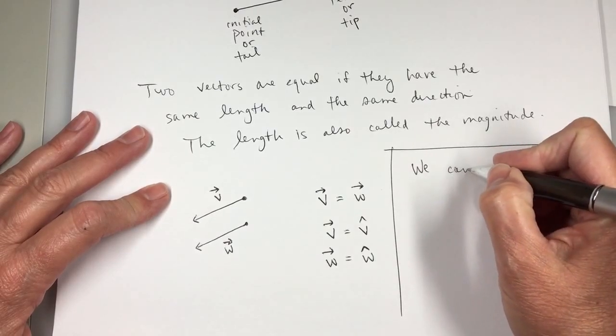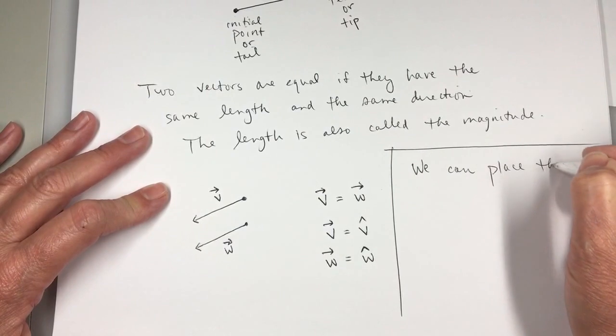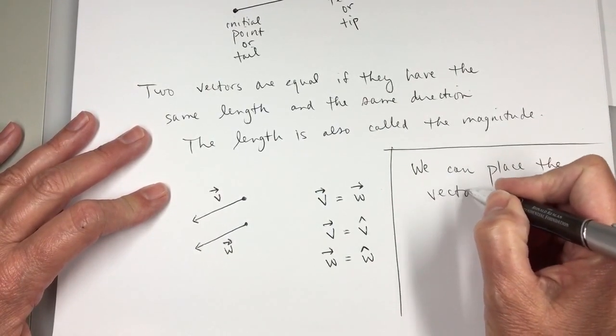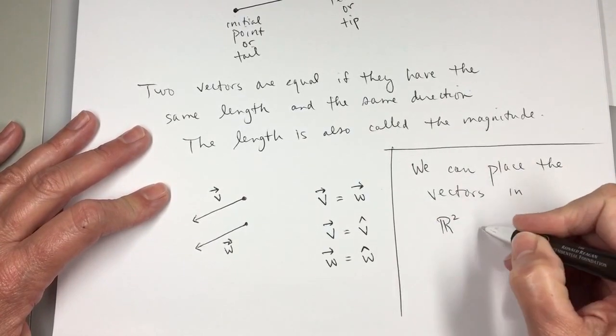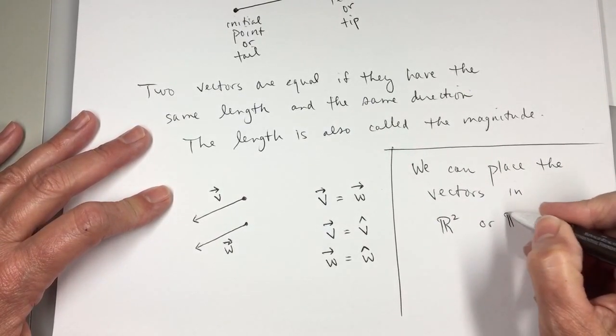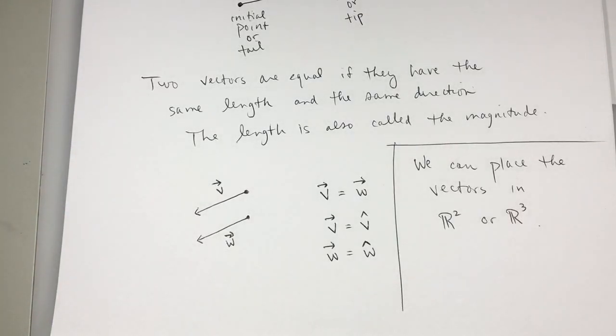We can place the vectors in R2 or R3. Now if you're in R2, it's a two-dimensional vector. If you're in R3, it's a three-dimensional. I don't know if a vector can be three-dimensional, but it's in 3 space.